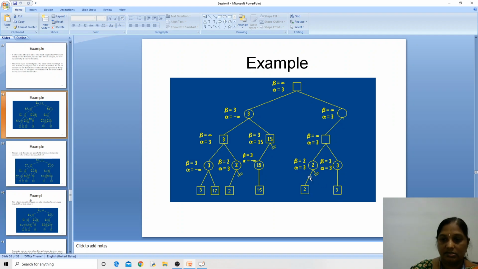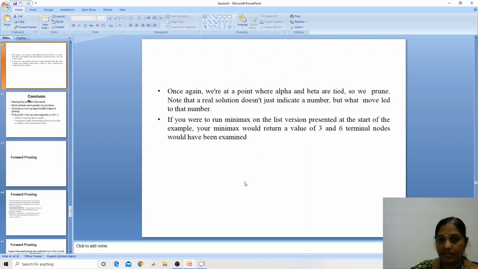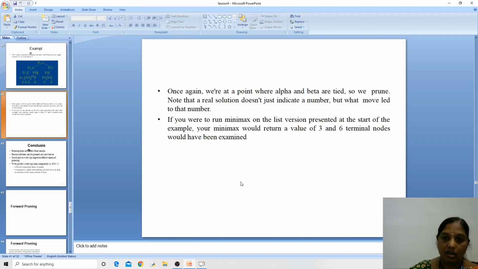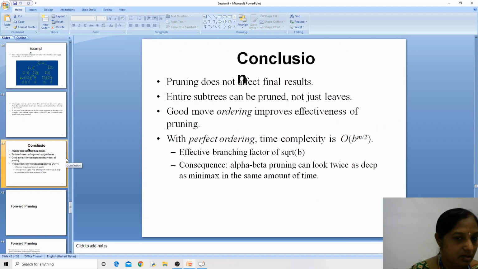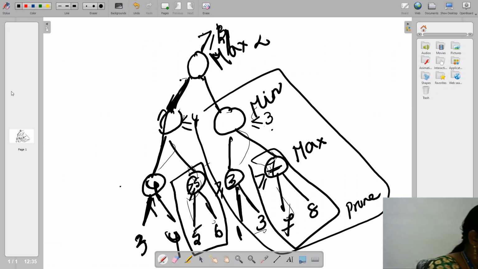Right. Next, finally, here you can see this diagram, the alpha beta pruning. I think all of you understood. I want to give another example of how we are applying the alpha beta pruning. So let me go to the board, and I would like to give another example for your better understanding of alpha beta pruning.